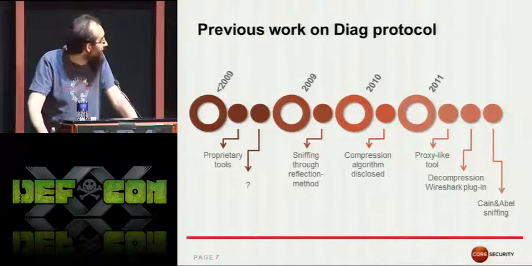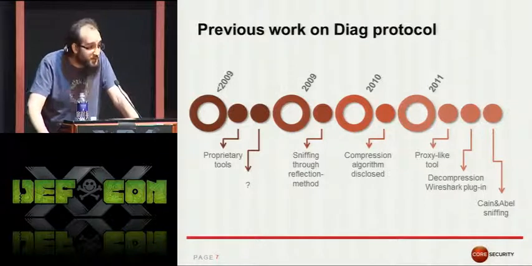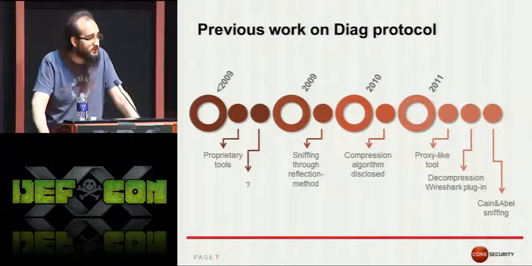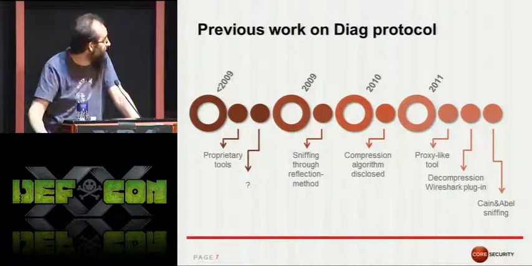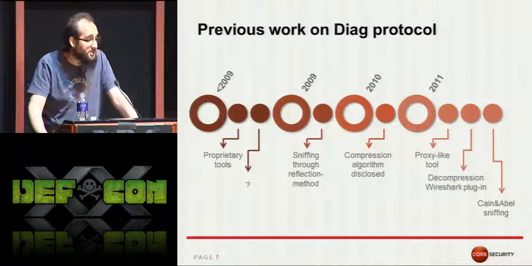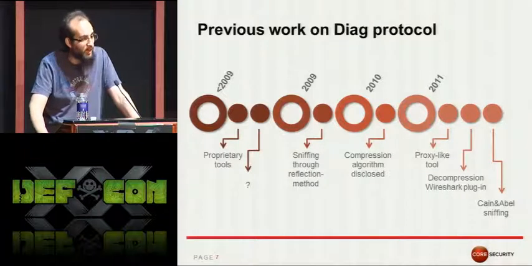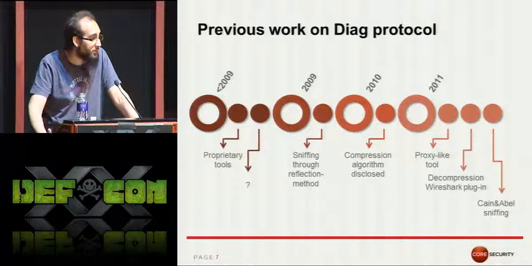So in 2010, Denis Yurichev published in his blog an article where he found that the compression algorithm being used in the protocol is the same as the compression algorithm used in the MaxDB open source product.